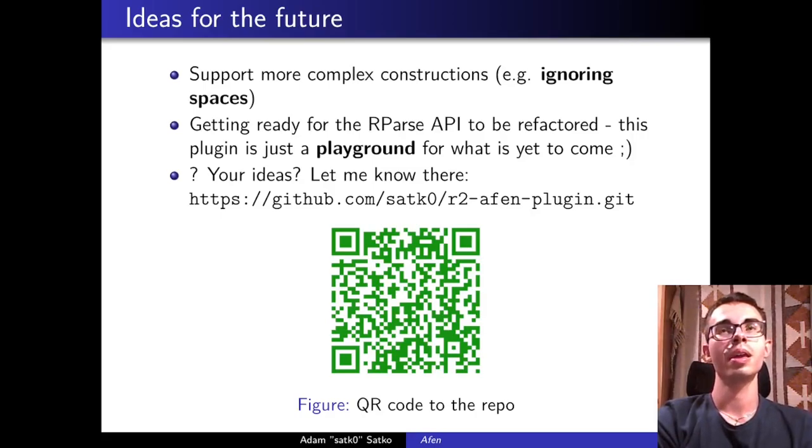And another thing would be to be prepared for the rparse API to be changed, and it would be a great challenge to work on this plugin when R2 would be totally different in version 6.0, and I'm glad to change my plugin according to this.